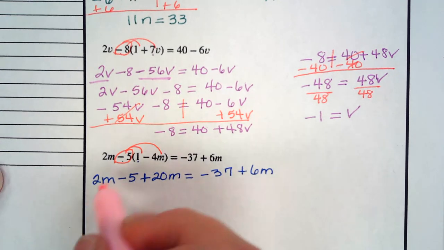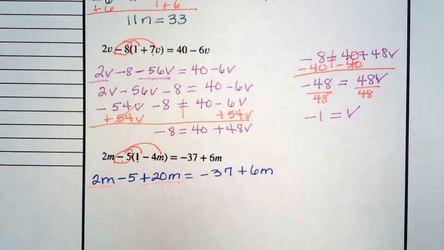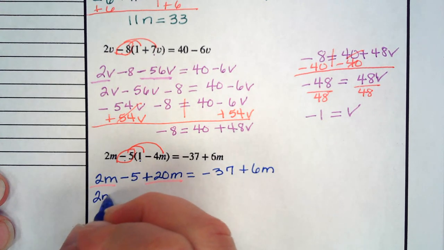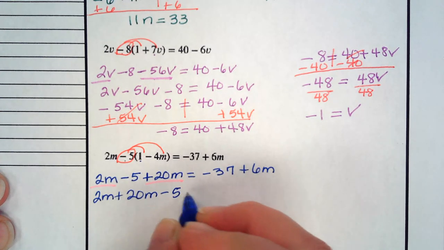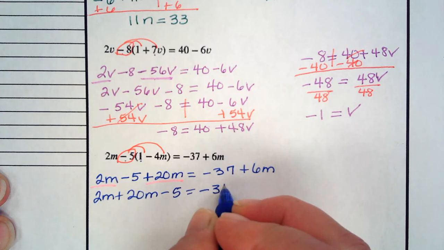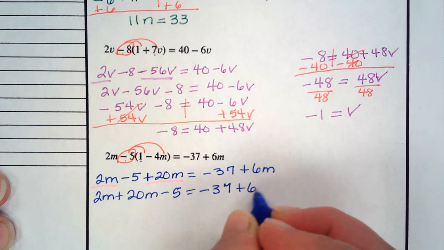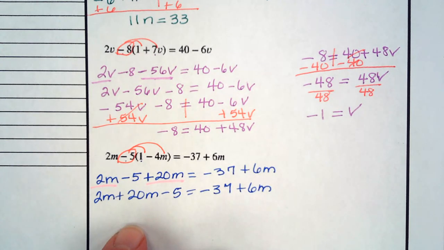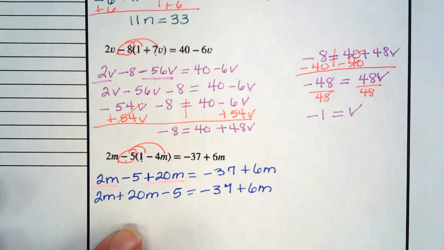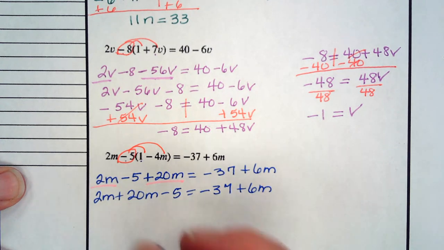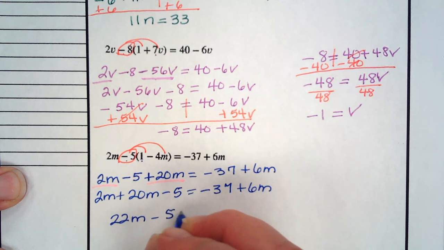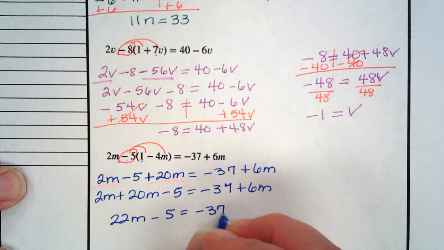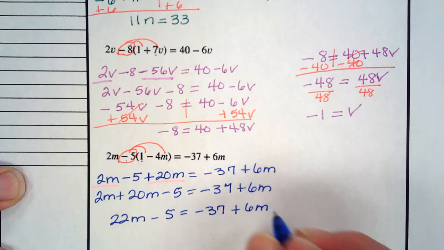Yeah, we do. We've got 2m plus 20m. Those are your like terms. Okay, 2m plus 20m is 22m. Minus 5 is equal to negative 37 plus 6m.